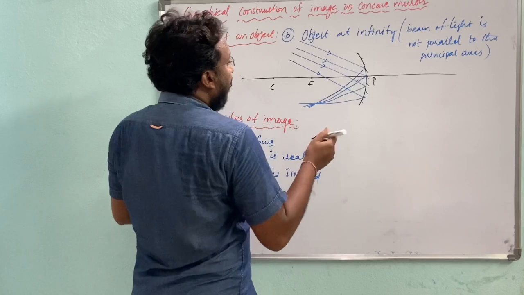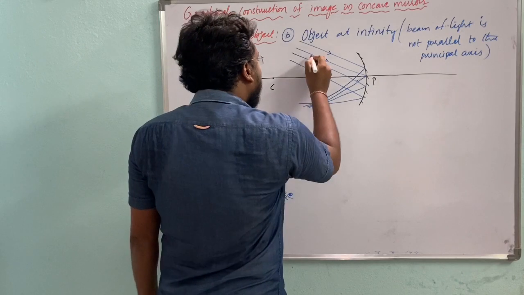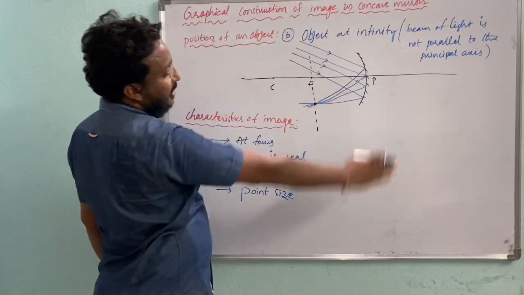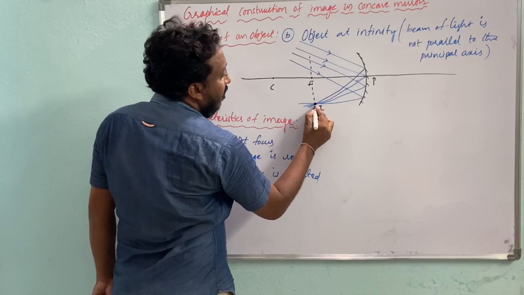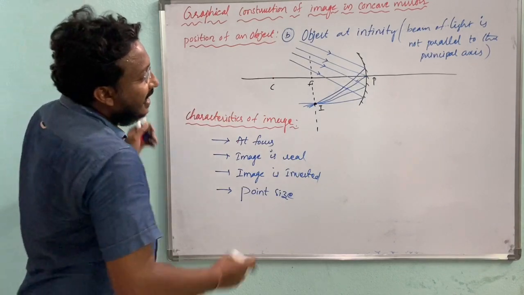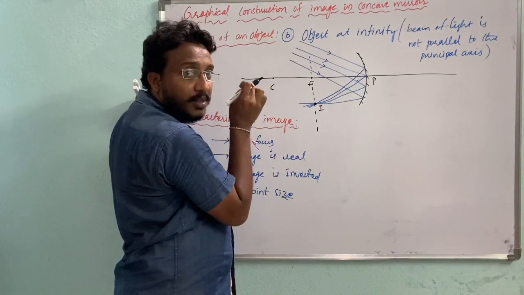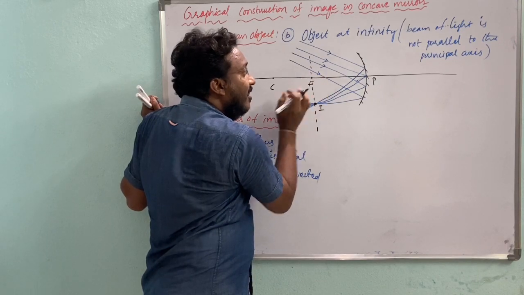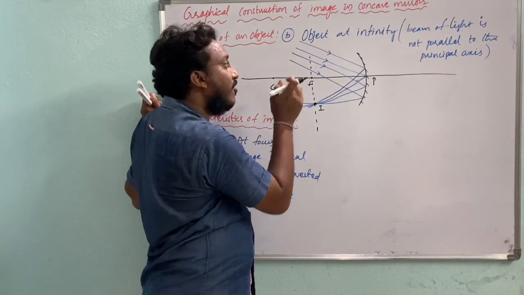Then where the image is formed here, try to draw a perpendicular line towards the principal axis from the point of image. That normal drawn from the point of image meets the principal axis at the focus.